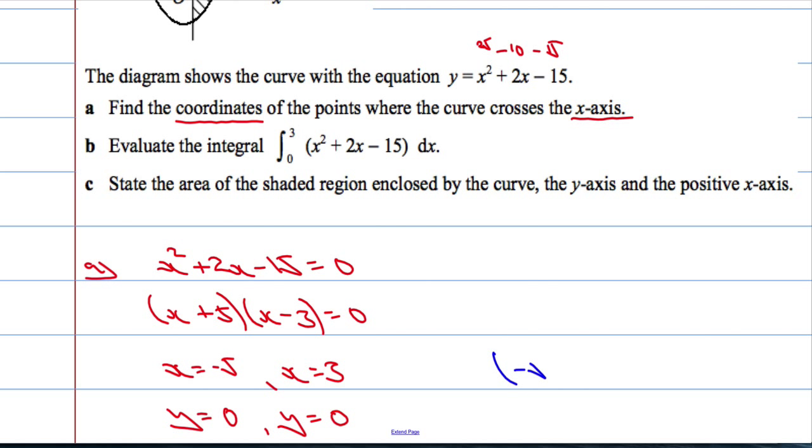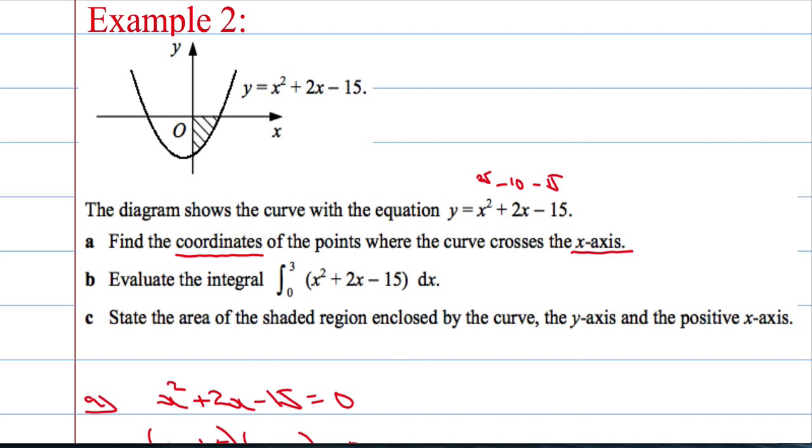So we have the coordinates negative 5 and 0 and 3 and 0. Okay, now the next part of the question is to evaluate this integral between 3 and 0. So I'm essentially working out the area between the curve here and here.